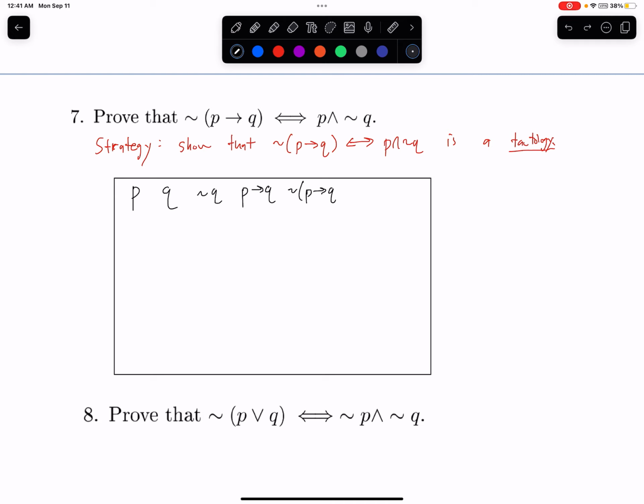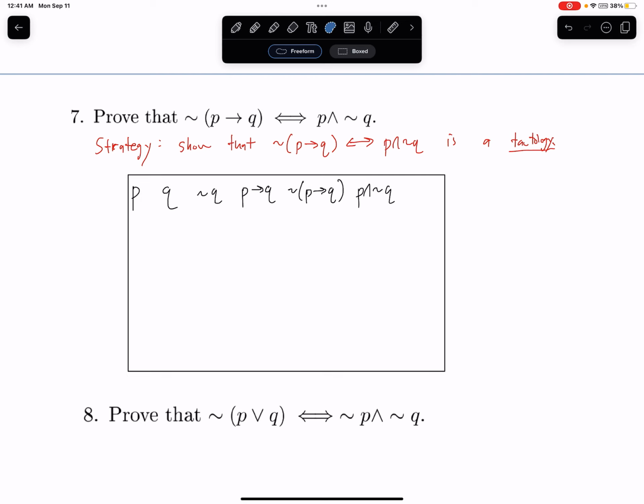Okay, now I can build the right side, P and not Q. So I have the left side, I have the right side. Last thing is to put it all together. It works.